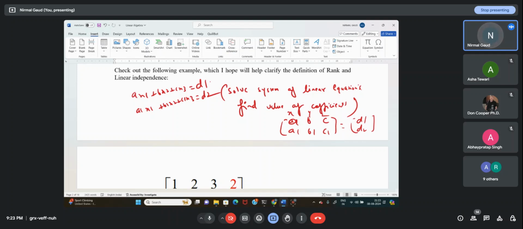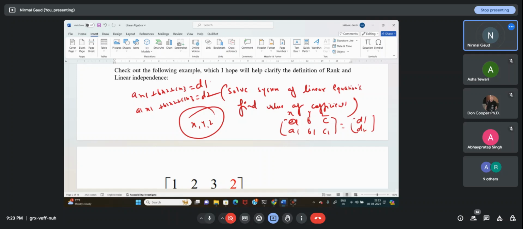So you are actually looking to find the values of x, y, and z. I require one more equation to find the values of the variables x, y, and z.